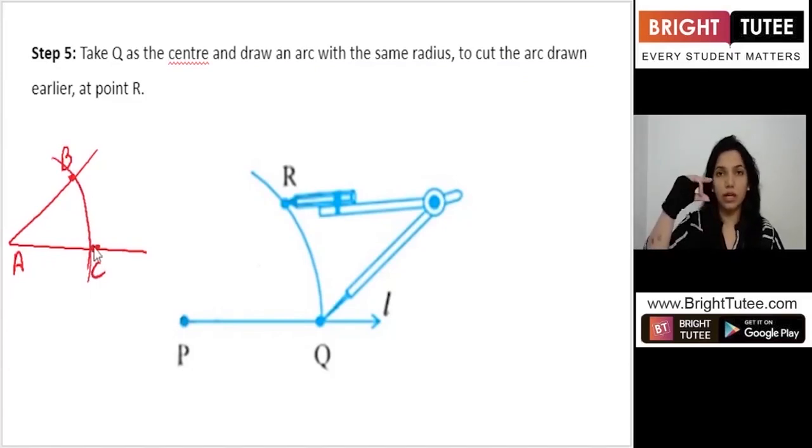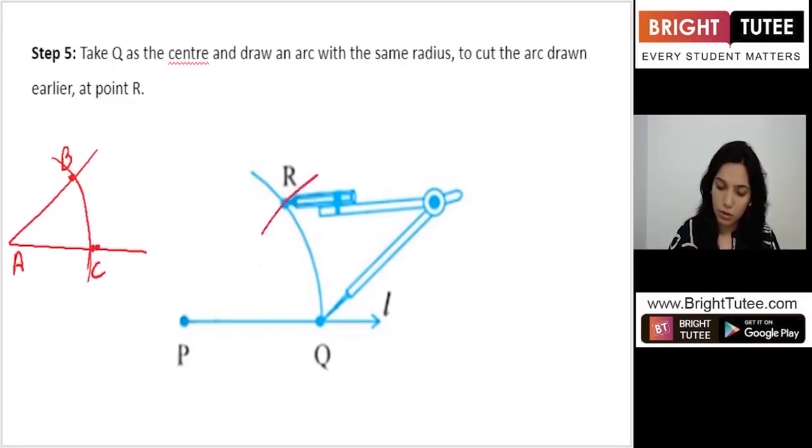Don't disturb this measurement. With the same measurement on your compass, you keep the point at Q and then you make an arc at this particular point R. Now you have got this arc R which measures equal to BC. So it says take Q as the center and draw an arc with the same radius to cut the arc drawn earlier at R. Clear?